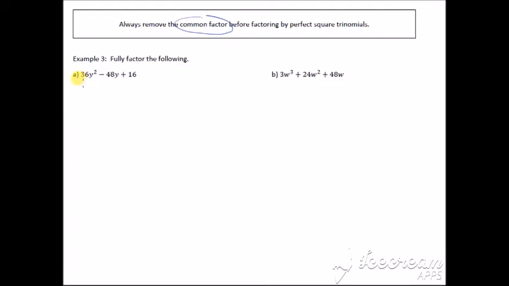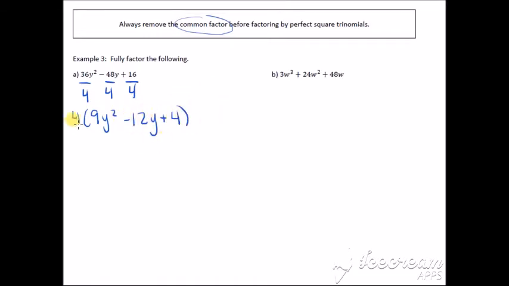So what can I pull out of 36, 48, and 16? I think I can pull out an 8. Sorry, a 4. Because I'm pulling out a 4, I'm left with 9y squared minus 12y plus 4.